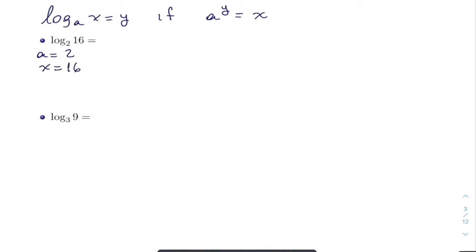So we have to answer the question, what number y, 2 to the y, is equal to 16? And the answer of this question will give us the logarithm. In this case, we can calculate that this y is equal to 4. So we say that this logarithm is equal to 4.